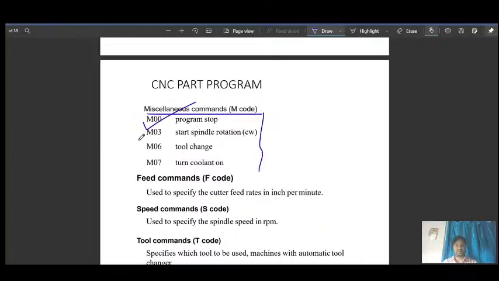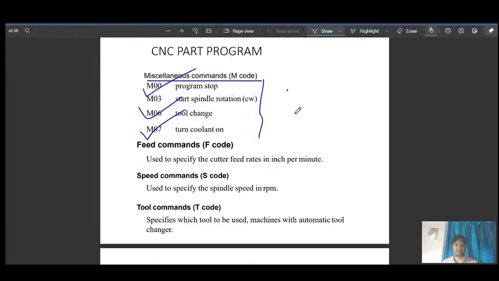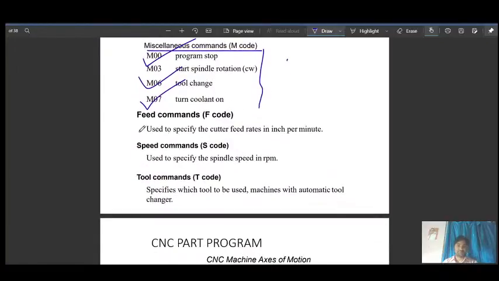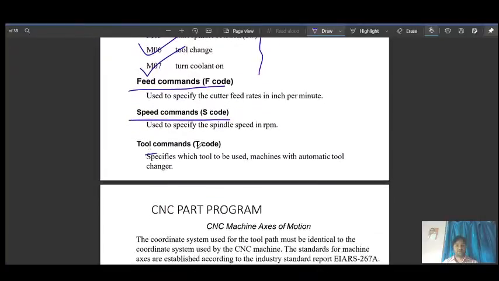This is also not a complete list, only for information. We will cover it when we study CNC programming. Then feed commands, spindle command, and tool command: T for tool selection, S for spindle speed, F for feed selection.